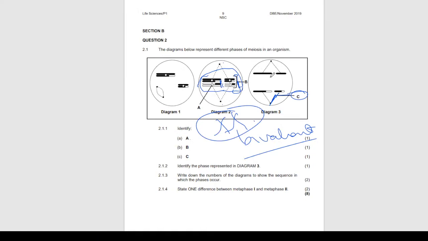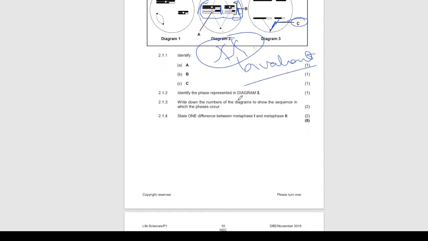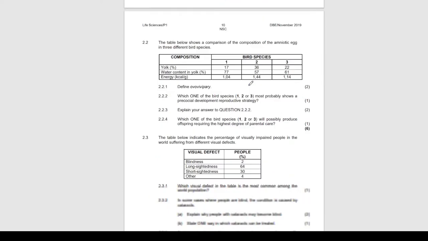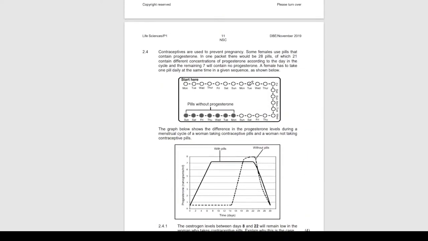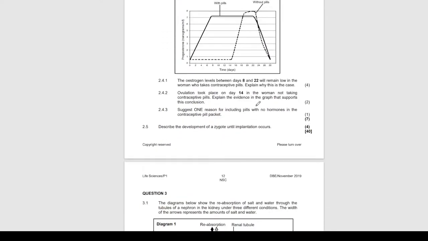I only have very few minutes now, 2 minutes. If there is anybody who wants to talk about something, please let me know. This is the menstrual cycle.